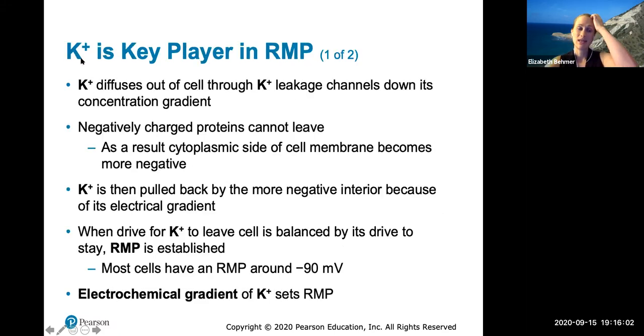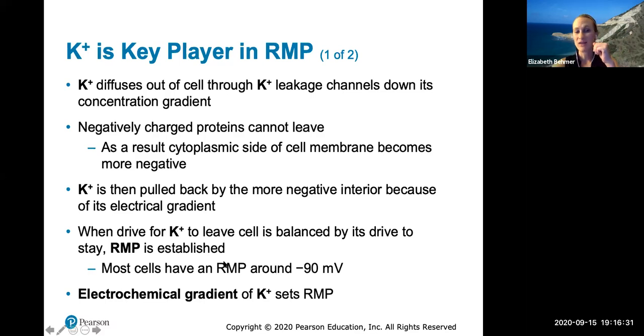Potassium is K, and it's a key player in maintaining a normal resting membrane potential. Potassium is positively charged, and it will diffuse out of the cell through leakage channels. It'll be pulled back in through the sodium-potassium pump. Your cells try to maintain this resting membrane potential, and that's important so that your cells are ready to be activated in some sort of nervous system response.